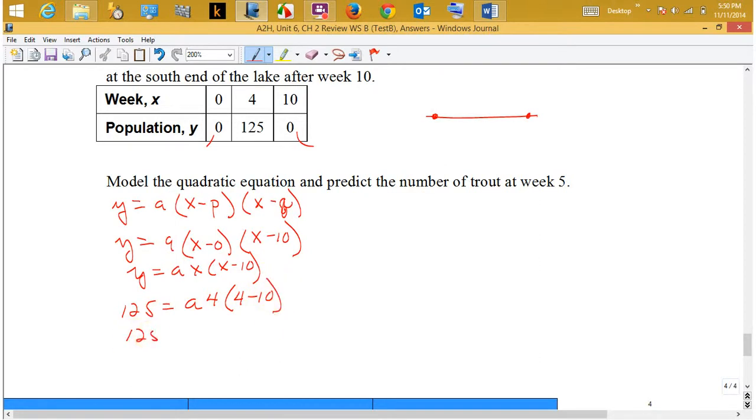So 125 is equal to 4a times negative 6. I have 125 is equal to negative 6 times 4, which is negative 24a. Divide both sides by negative 24.